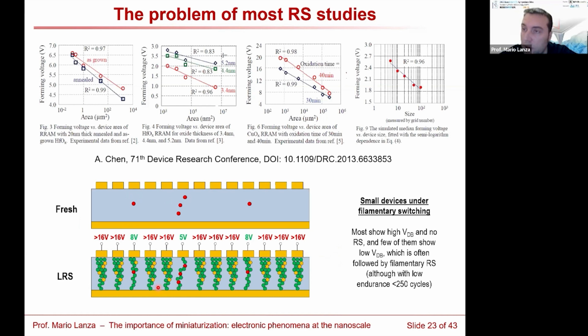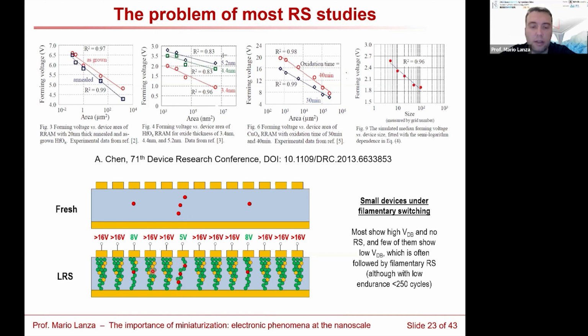Okay, but we should be aware of something. When I increase the voltage, the energy I'm giving is different. And therefore, when I give more energy, the filament will be wider and the composition will also be different because I may be producing the migration of metallic atoms from the electrodes, for example. So you see in this filament, there is no metal penetration from the electrodes, and it may live very long.